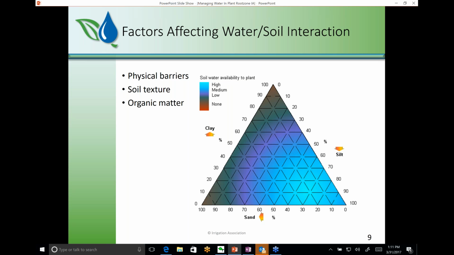So if you look at the soil triangle, you'll see that the blue, or more plant available water, is through the silt and loams, and as you get into the clays and the sands, plant available moisture is lower. And finally, organic matter plays a part in the interaction between water and soil.